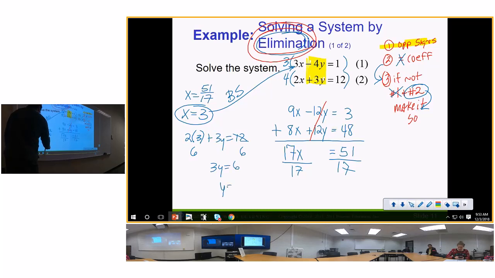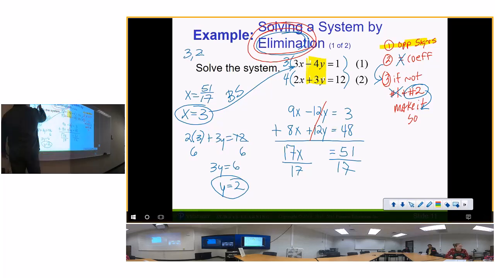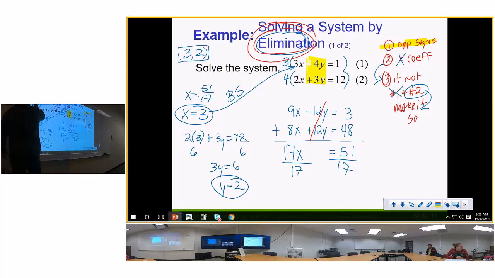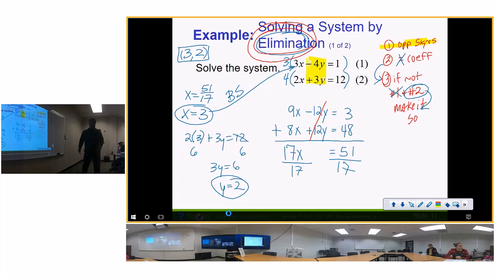Y is equal to what? 2. So these two lines cross at 3, comma what? 2. And you can check that by setting them equal to each other, or you can check it by putting them into the graphing calculator. And that's how you do elimination.